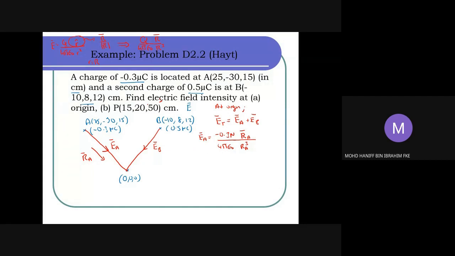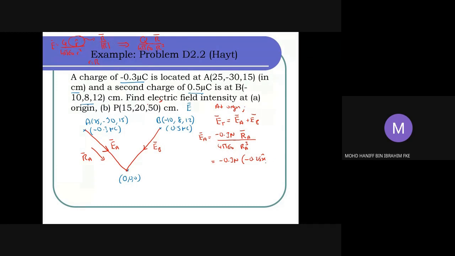Okay, and then the EB, let me solve EA first. So we have negative 0.3 microcoulomb, and RA is the vector from A to origin, so we can have it equal to negative 0.25 in the direction of X. I'm using meter now, since this is in centimeter.